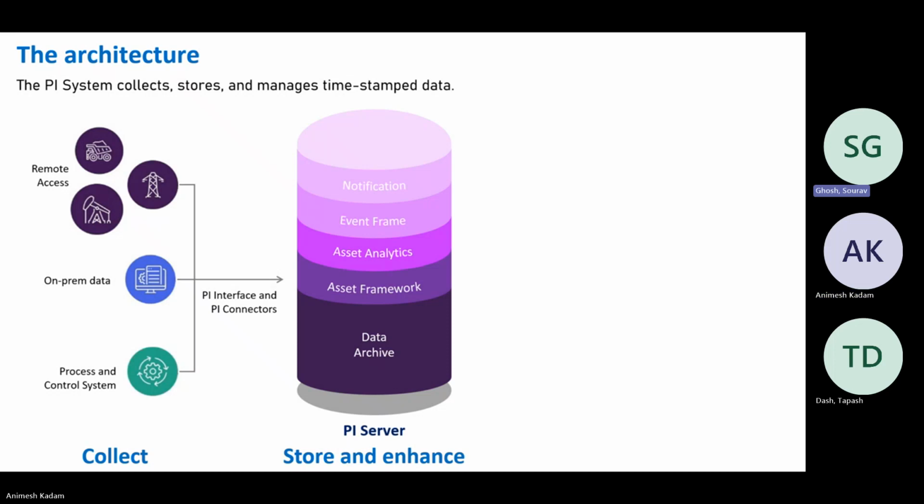So can we frame it like this: the raw data, the external process data, is stored in the data archive. But when it comes to handling the Pi system itself, like where the tables are, the metadata, the analytics, how the templates are designed, all that information is transferred to SQL Server.